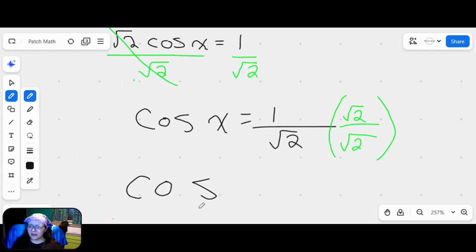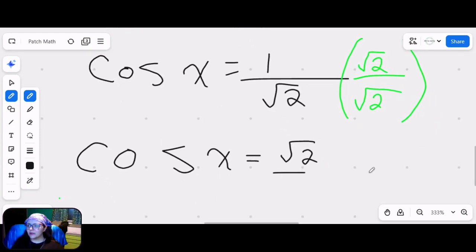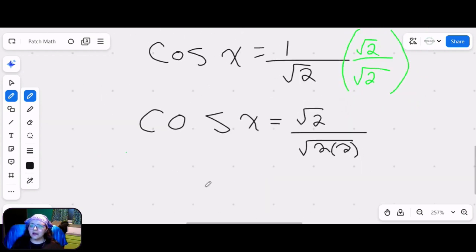With that being said, cosine of x here is equal to square root of 2 over square root of 2 times 2. That's using radical rules, that we know we can multiply those 2's on the inside of that radical. While simplifying that right-hand side down a little bit, we're going to leave that radical 2 in our numerator.